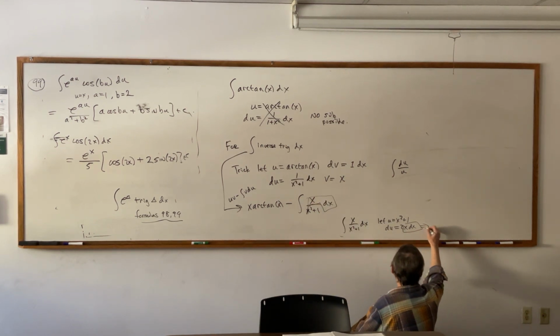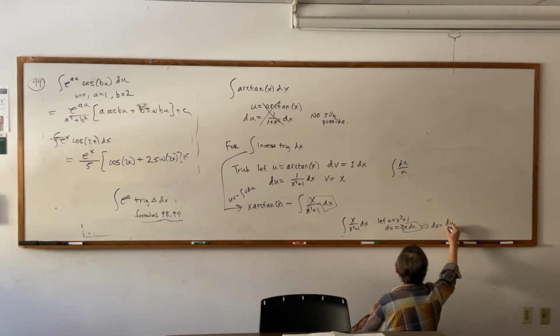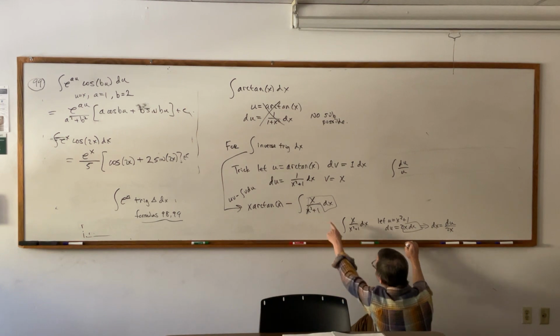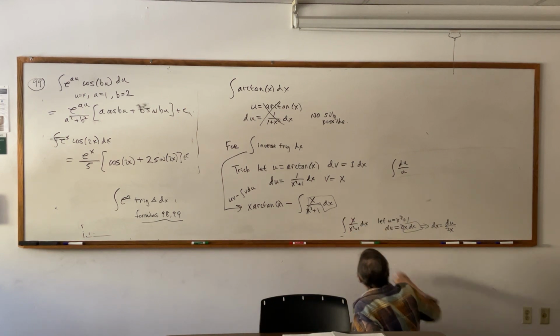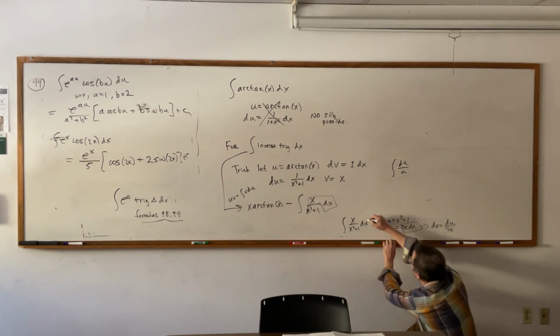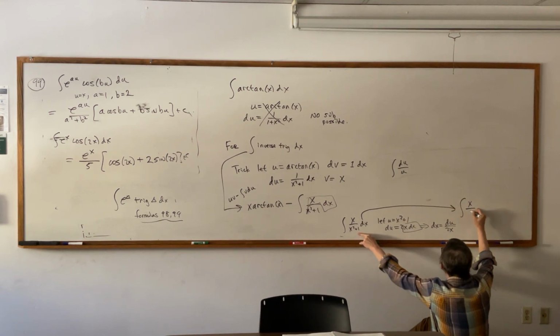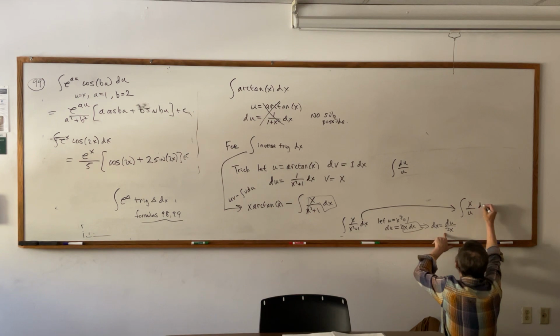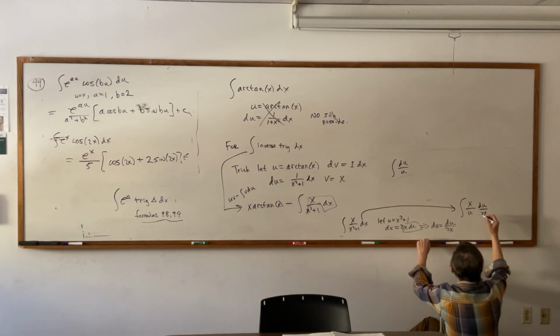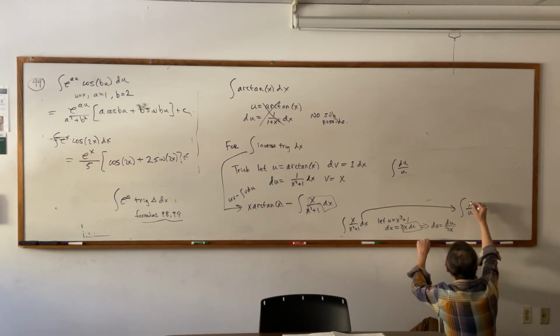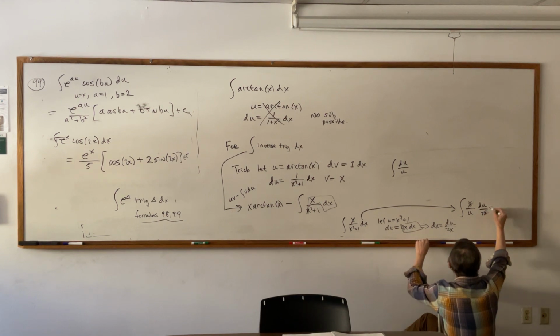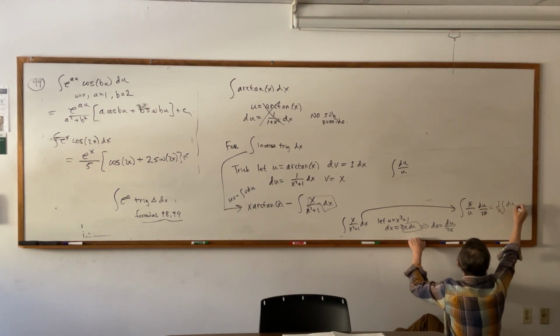So this just tells me that dx is du over 2x. So we're going to rewrite this thing. Take this thing, do the substitution. This is the integral of x over u, and dx is du over 2x. The x's cancel. I got 1/2 integral du over u.